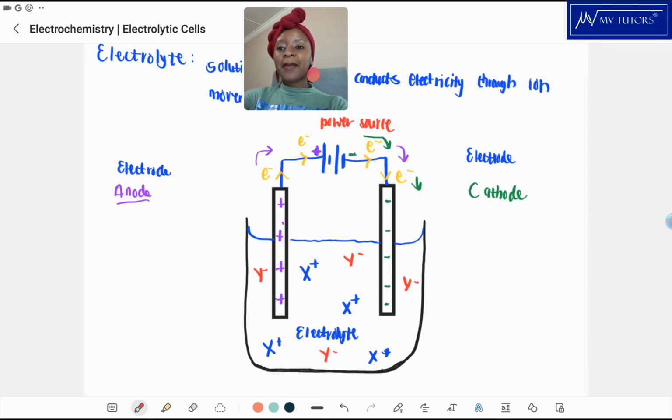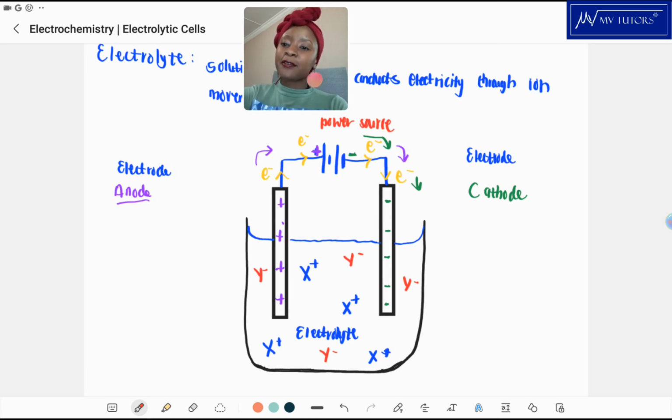So what happens then is, once you've switched on your power source, electrons start to leave the anode and go to the cathode, and you have your electrolyte in there. The cations will want to attach themselves to the cathode, because the cathode is negatively charged, and opposites do attract.